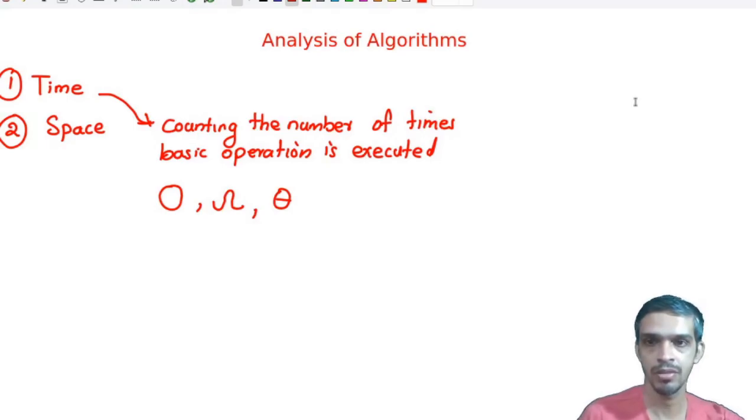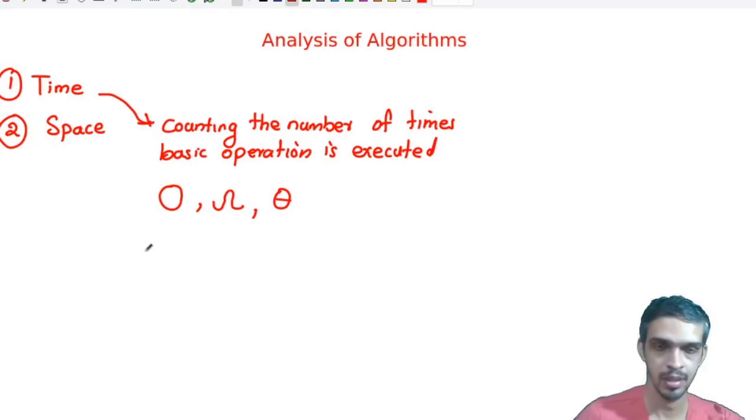Informally, big O of g of n is the set of all functions with a lower or same order of growth as g of n. Thus, to give a few examples, the following assertions are all true.